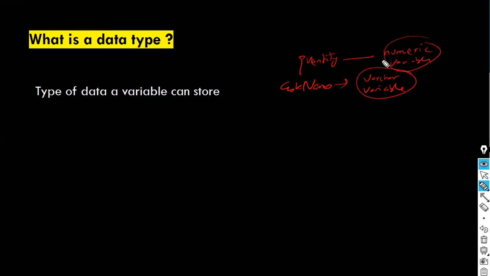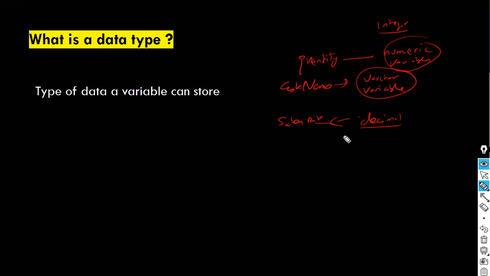To store a whole number, we use the integer data type. To store a decimal number, we use the decimal data type, float or something like that. Something like sales amount is a decimal number data type.